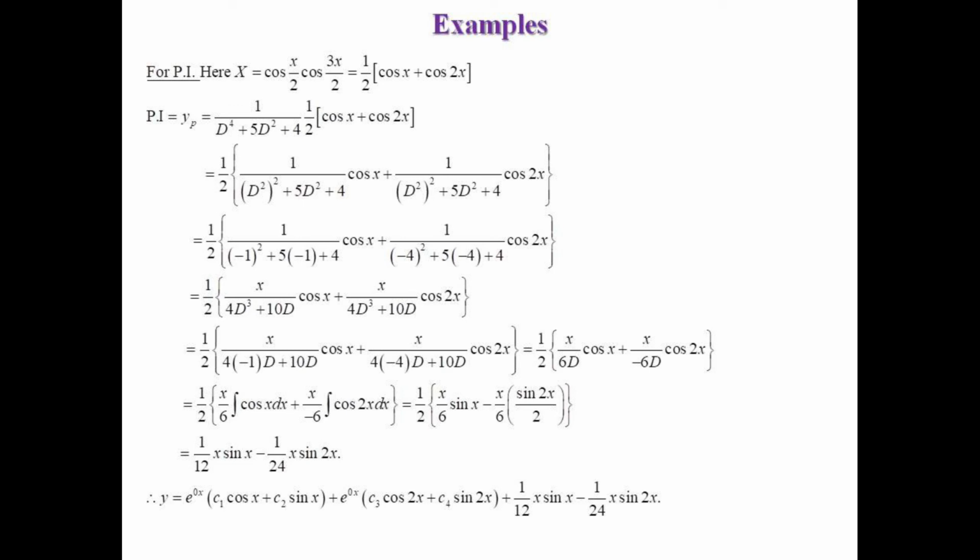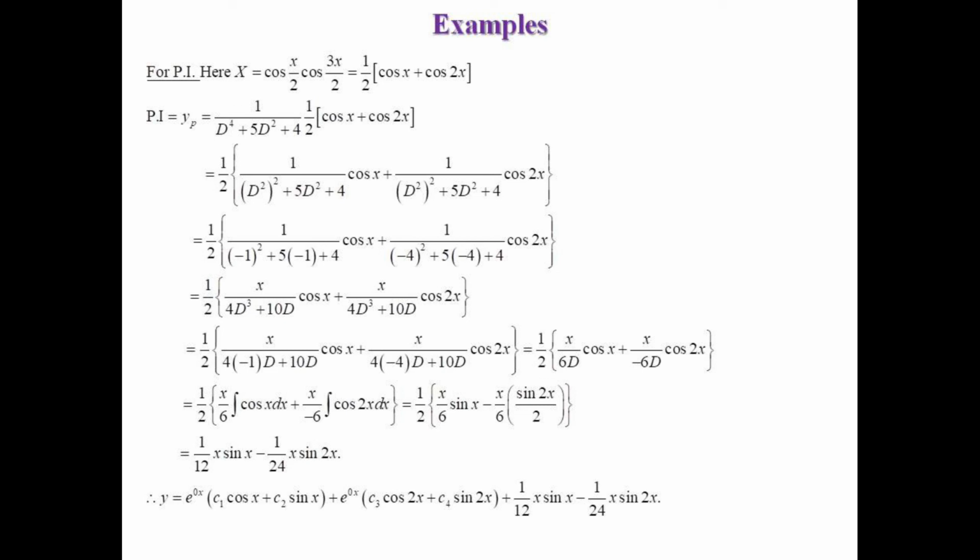If we replace D square by minus 2 square, then we get 4 into minus 4D plus 10D, into cos of 2x. If we simplify the denominator, we get for the first term x upon 6D cos x, plus for the second term x upon minus 6D into cos of 2x.